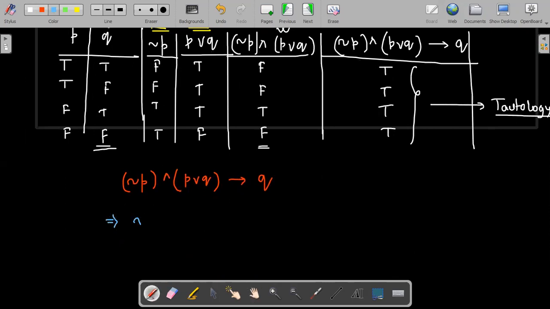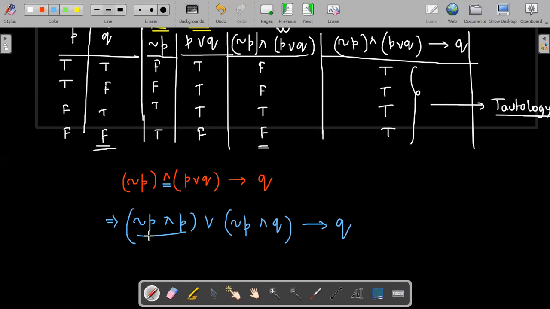So if I apply the distributive law, not P and P, or not P and Q implies Q.